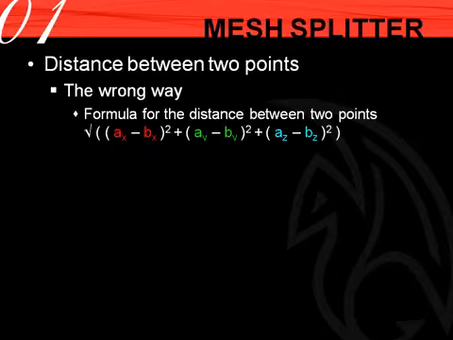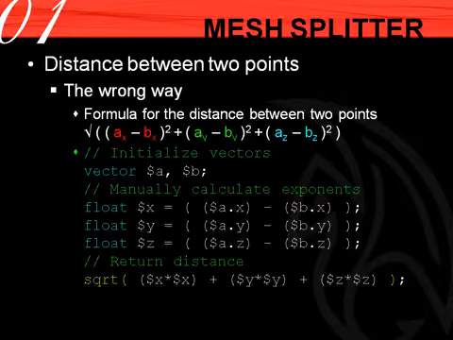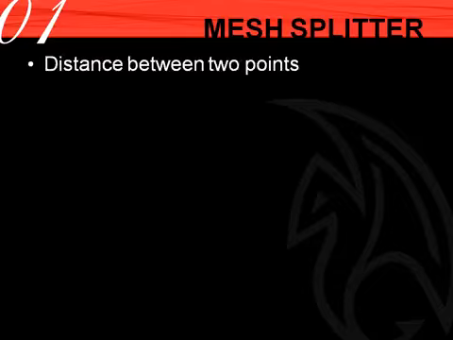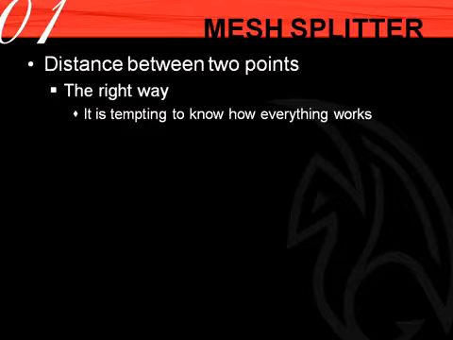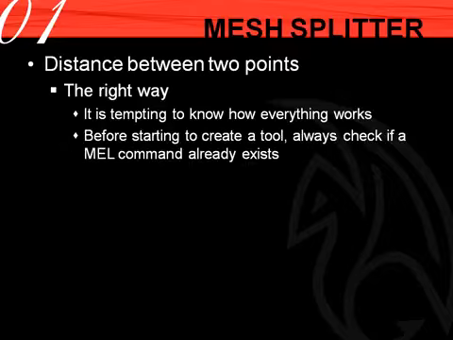You do the power of that to 2. You find the square root, and then you write a big script to be able to do all of this stuff. Well, hold on. The right way is essentially to go ahead and see if there's something that already exists. And I know it's tempting to crack open a formula and find out how everything works, but it's not always the best way. Always try to see if there's a mel command that already exists.